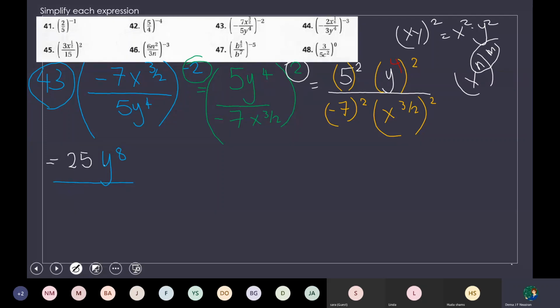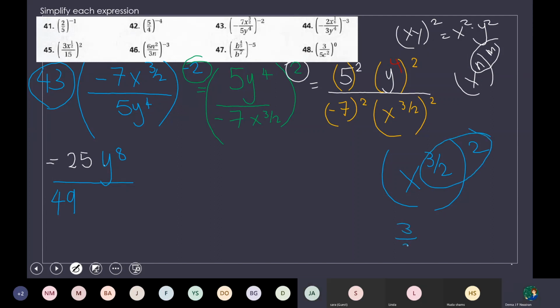It means negative 7 multiplied by negative 7. Negative multiplied by negative is positive, and 7 times 7 is 49. So it is 49. Then here now, x raised to the power 3 over 2, squared. Here we have a power raised to a power, so I just multiply them.